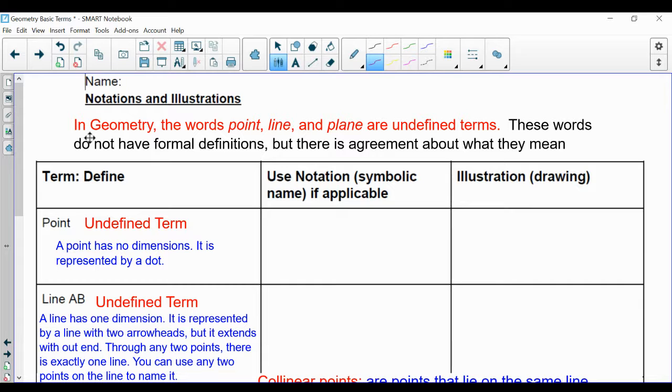How we represent a point is just by drawing dots. That would be a point in time. I use capital letters to name points.